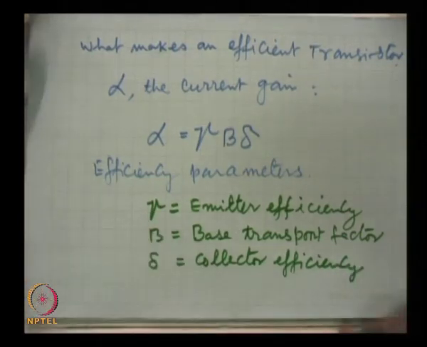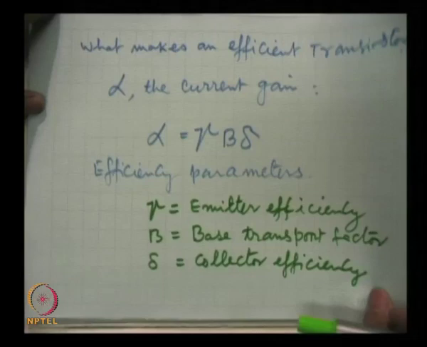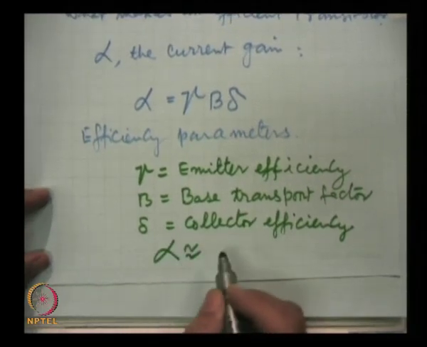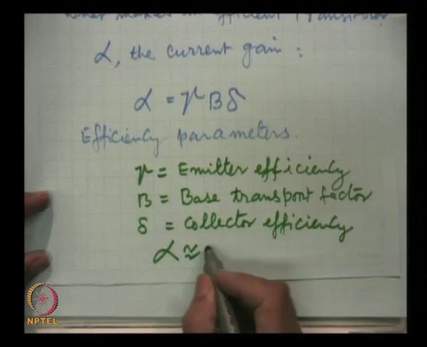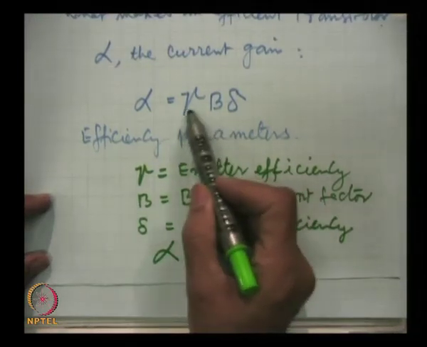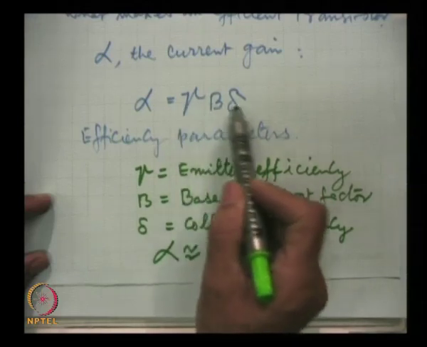We will talk about all these 3 efficiency parameters one by one. Remember, our objective is to keep the current gain alpha as close to 1 as possible, and for that the requirement is that all these 3 parameters individually should be close to unity.